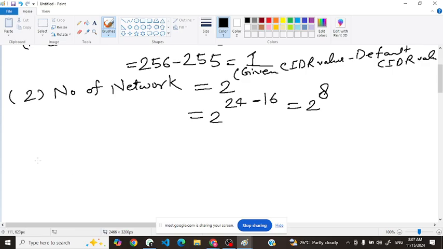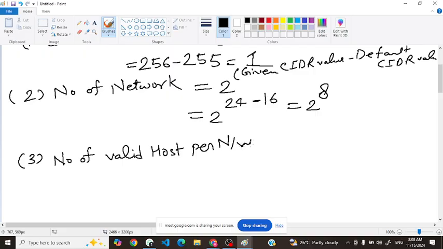Third one, number of hosts. Number of valid hosts per network is 2 to the power of 32 minus the given CIDR value, minus 2.